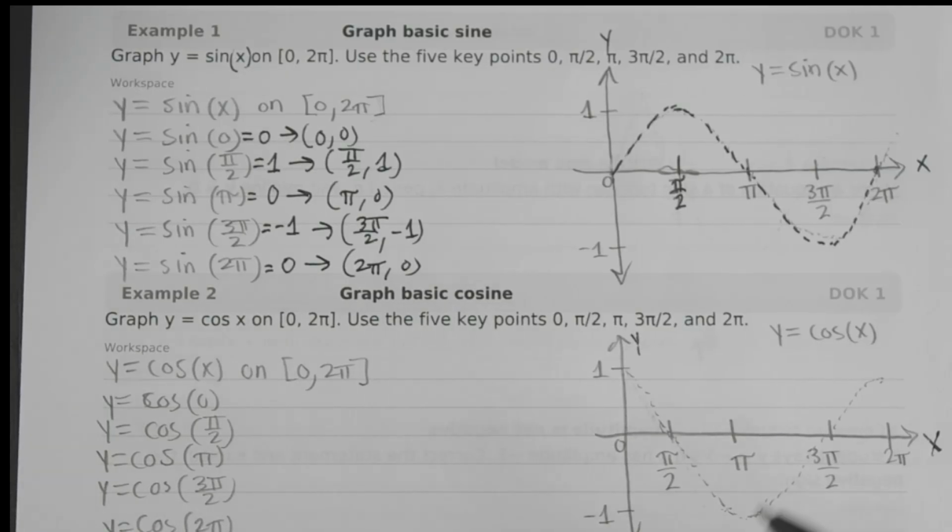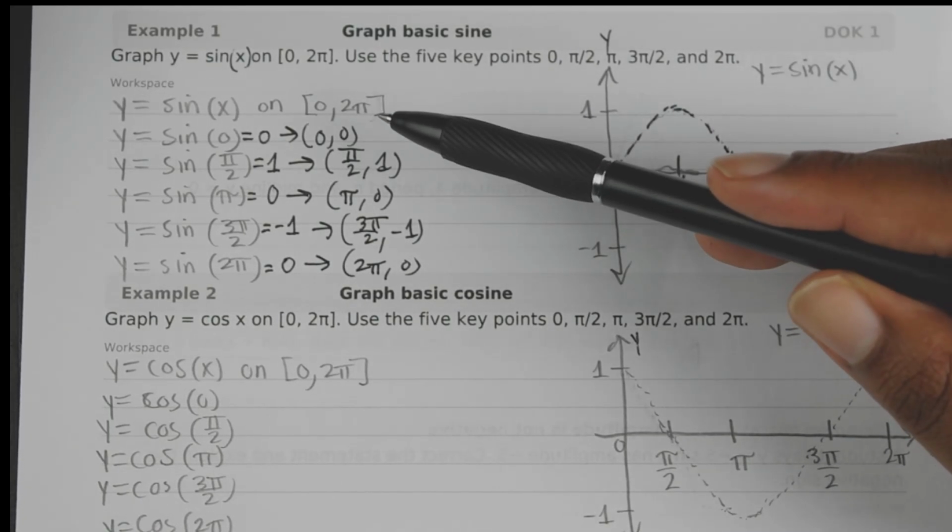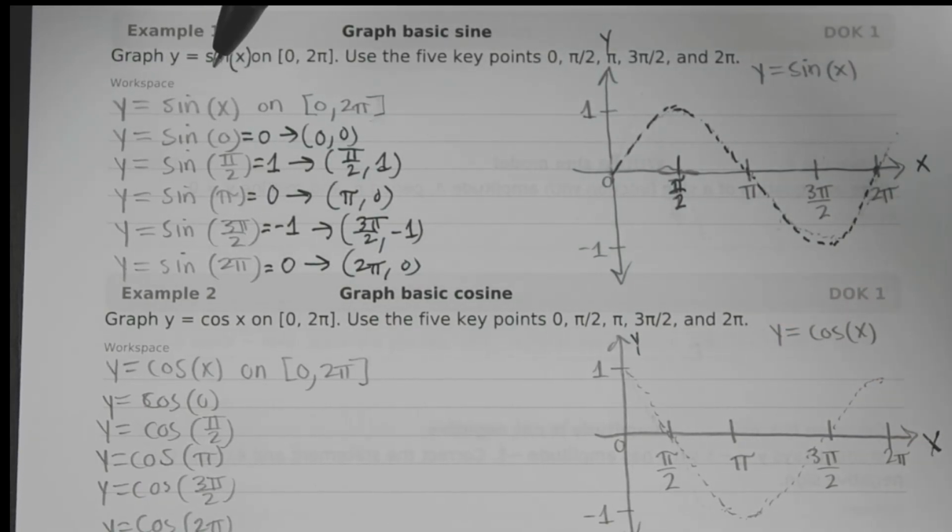Now, just to recap, this is the basic function for sine on this interval. Can the interval go out further? Sure, if we wanted to keep checking it, but you would just see a consistent pattern.